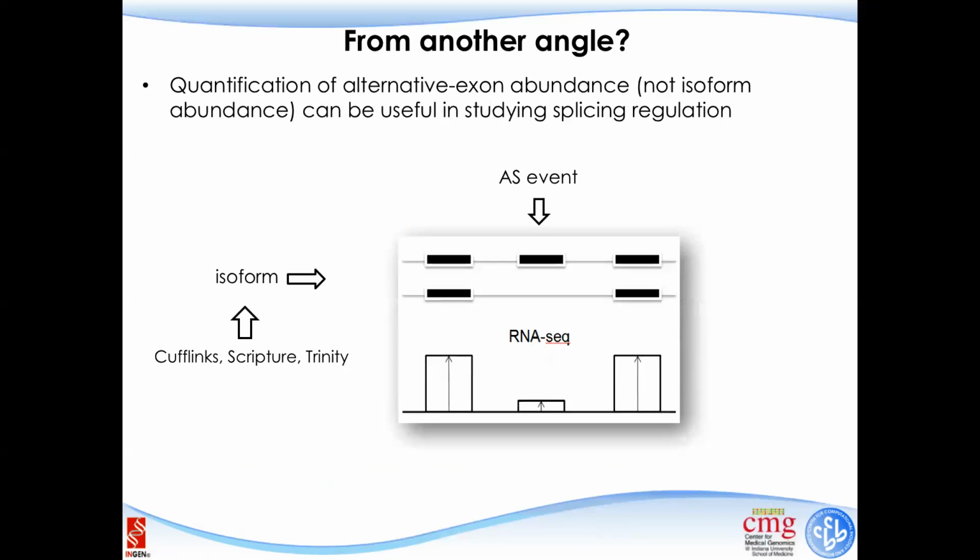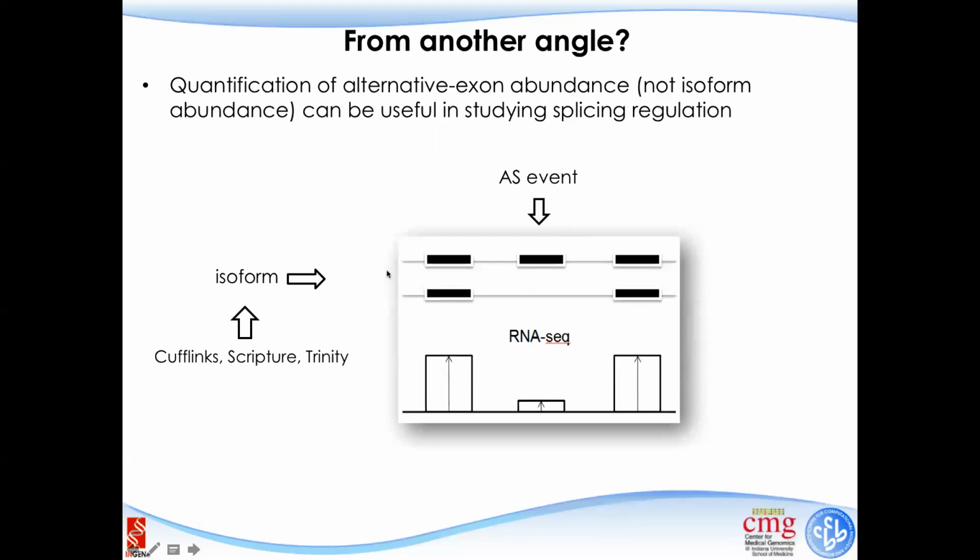We don't need to know what exactly the isoforms are. We just need to get the data to some possible biologically rational events, and we can use this kind of method. Because the model is relatively simpler, the false discovery will be lower, I think.